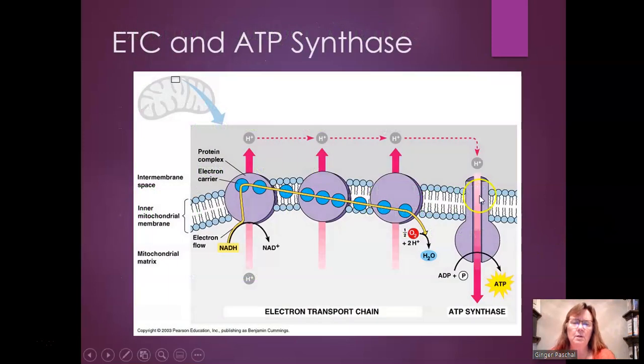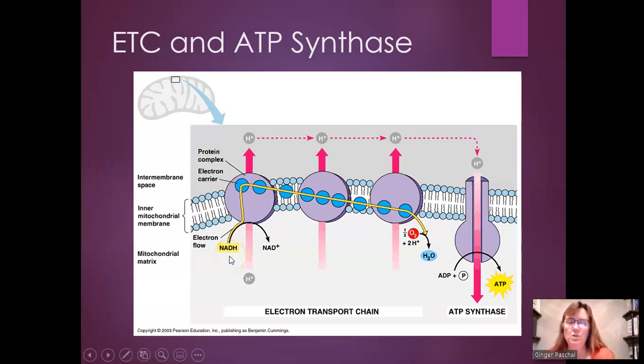So let's take a look at a picture of this. You can see this is the cell membrane, because here's a bunch of phospholipids. Here's a bunch more phospholipids and more phospholipids, and here as well. We've got these large proteins that are embedded in the membrane of the mitochondria. And what happens is NADH and FADH2.